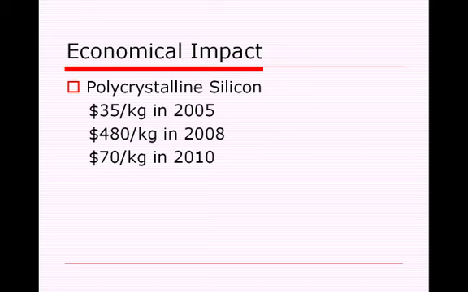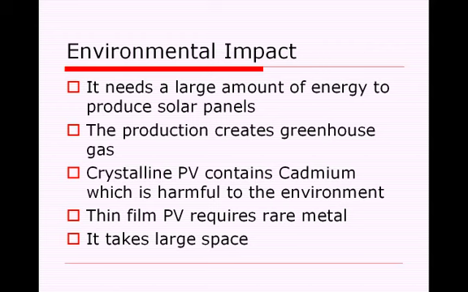And because of that, people started looking for other energy sources, cheaper options. After the recession, the price went down to $70 per kilogram in 2010, and that gives the advantage of this technology to more development. Now, Moowon is going to talk about the environmental impact.